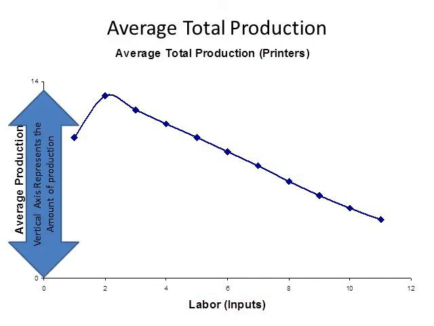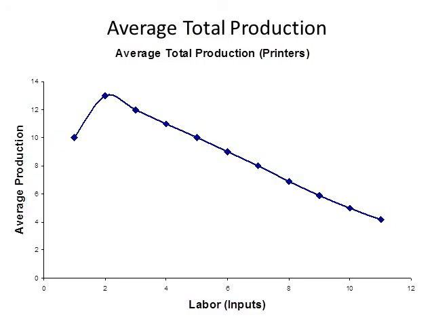The vertical axis represents the average production, and the average production increases as we move from the bottom of the axis to the top. The key point to remember about this graph is that the average production per worker declines as more and more workers are employed.